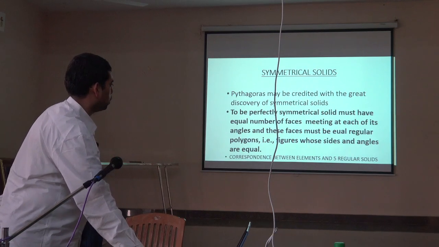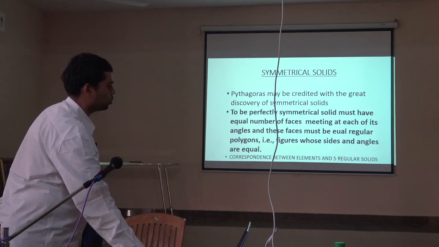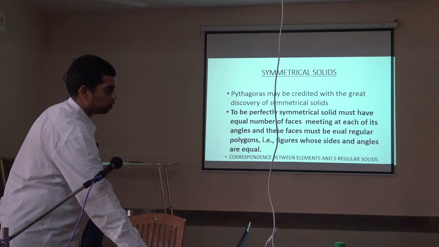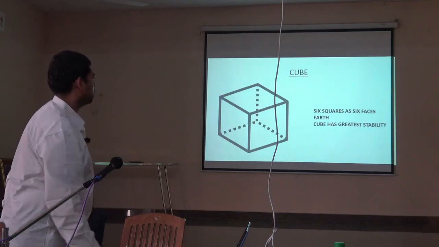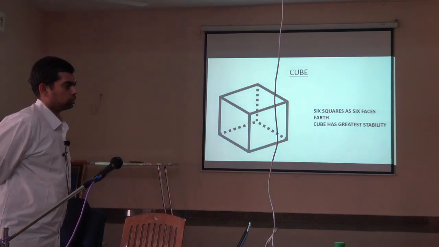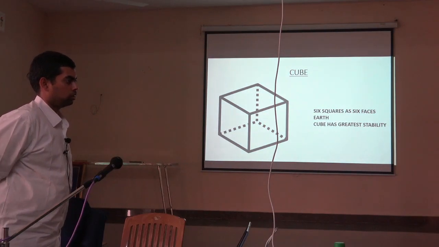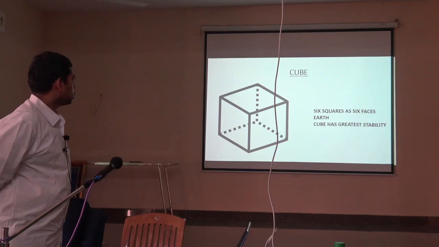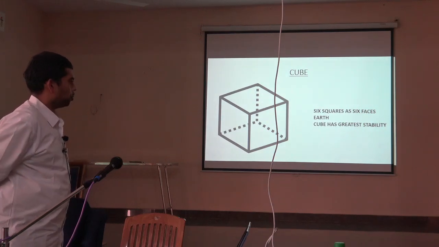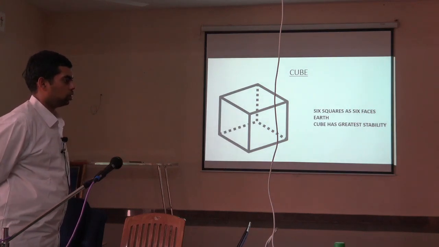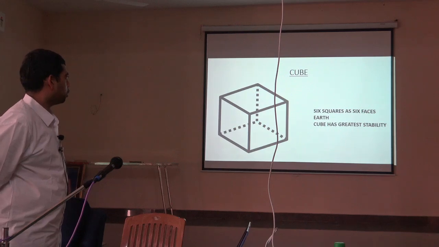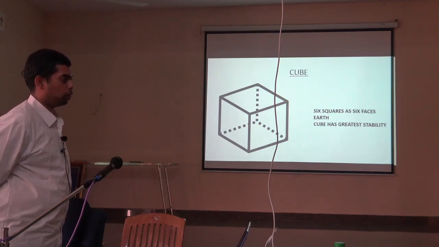So there is a correspondence between the 5 elements and these 5 regular solids. So for example, the cube. According to him, the cube represents earthy nature, the element earth.